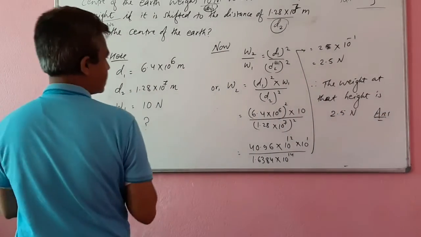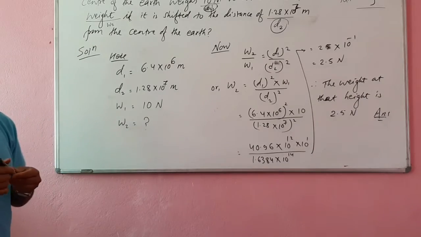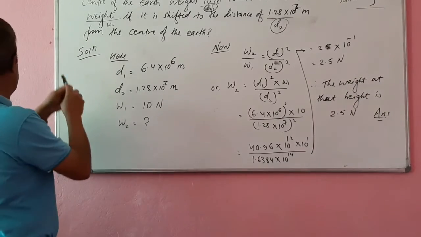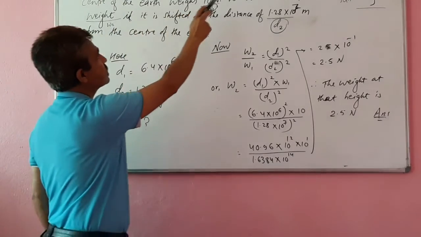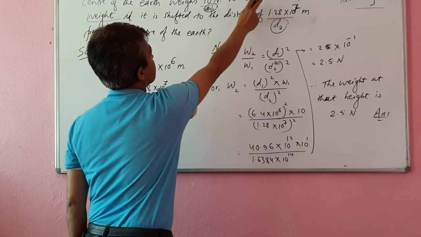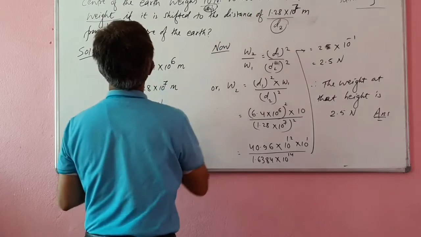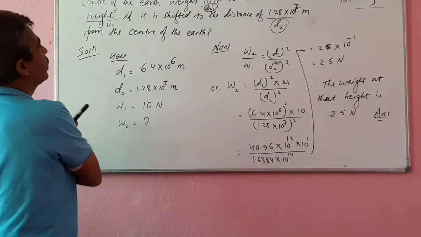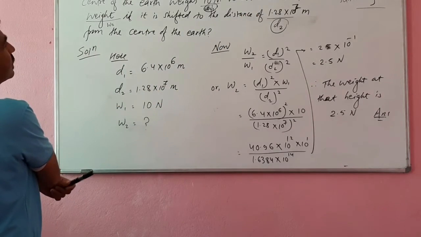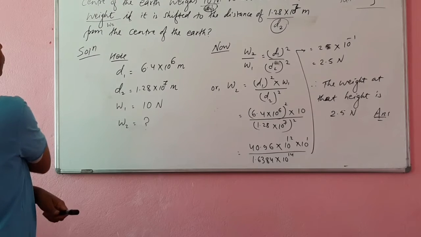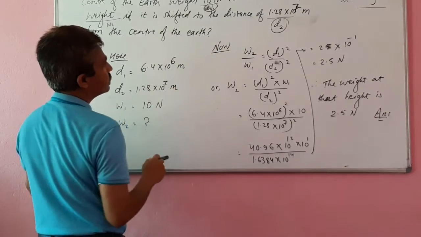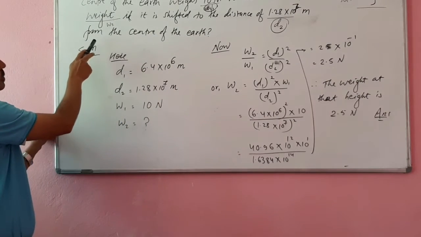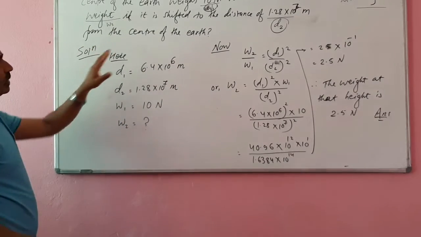So once again, let's discuss this before heading to the third question. Question number two says, if an object at a distance of 6.4 times 10 to the power 6 meter from the center of the earth weighs 10 Newton, what will be its weight if it is shifted to the distance of 1.28 times 10 to the power 7 meter from the center of the earth?